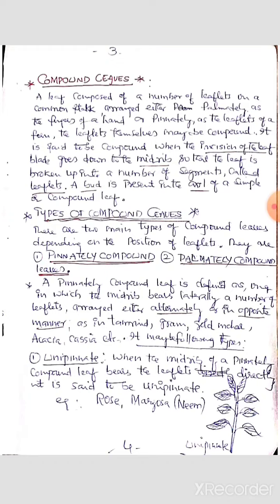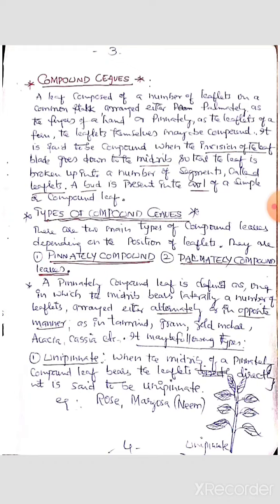It is said to be compound when the incision of the leaf blade goes down to the midrib, so that the leaf is broken up into a number of segments called leaflets. A bud is present in the axil of a simple or compound leaf. That bud is responsible for giving either a single leaf or many leaves. Then, different types of compound leaves.